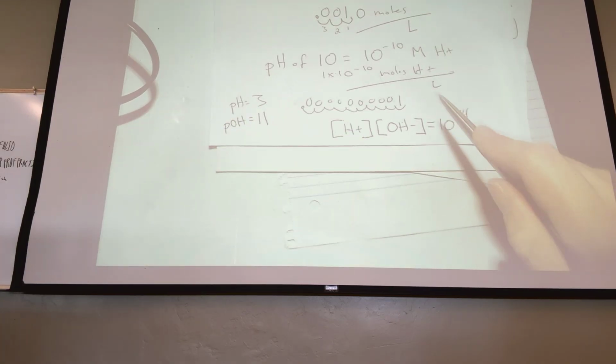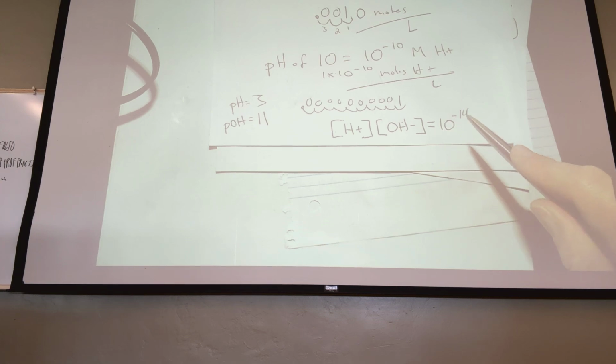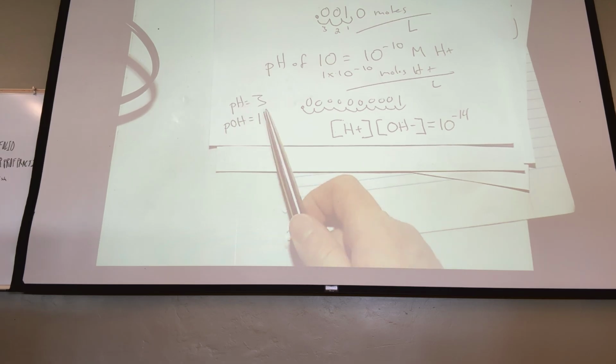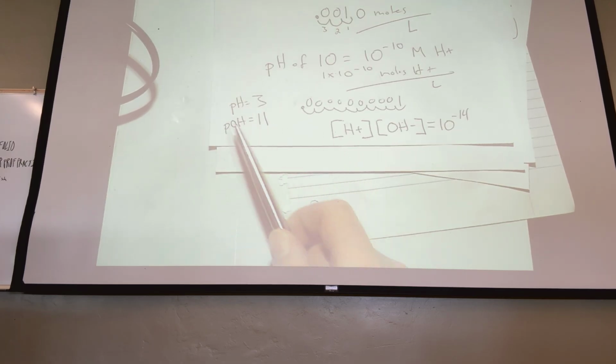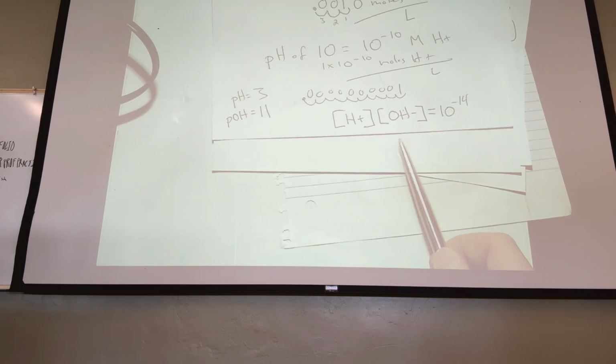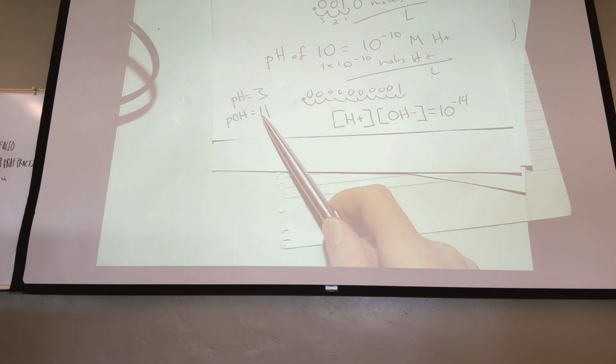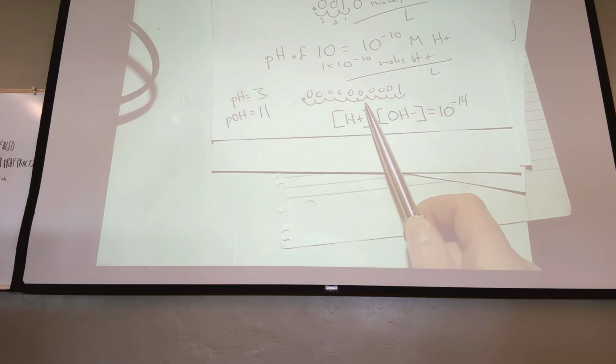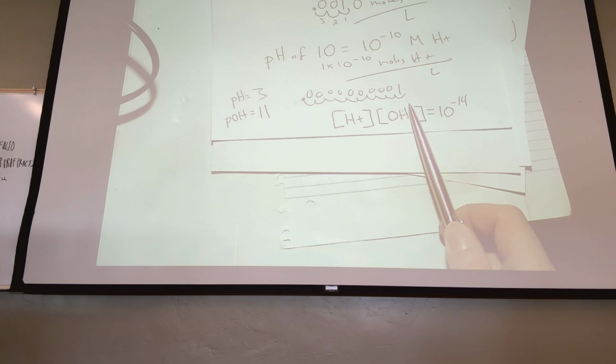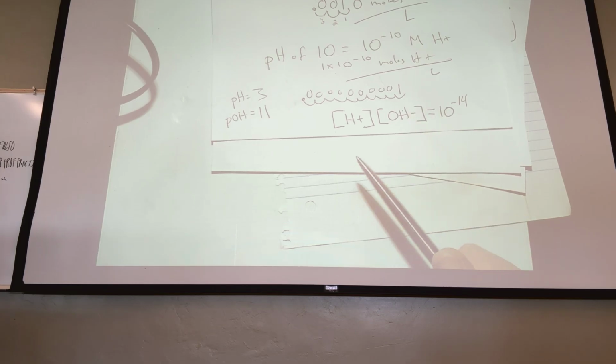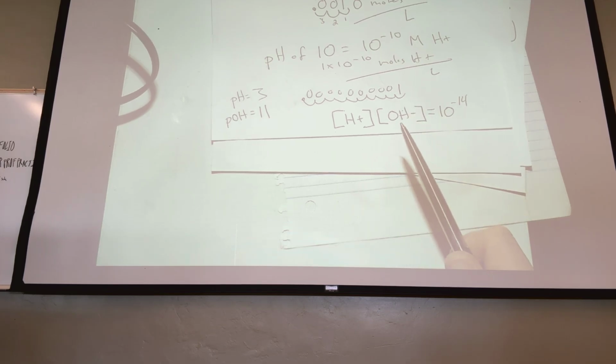Do we remember when you're multiplying numbers that have exponents, you add them together? So a pH of 3 would be 10 to the negative 3. A pOH, or the concentration of hydroxide ions, would be 10 to the negative 11. 10 to the negative 3 times 10 to the negative 11 equals 10 to the negative 14. Cool?